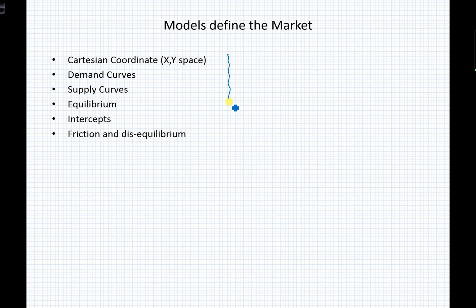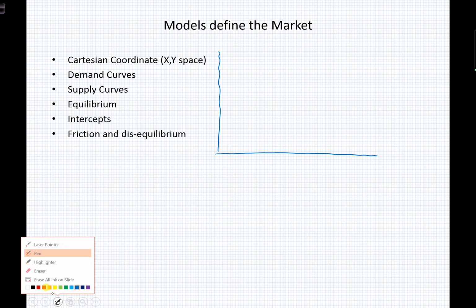Well, we know that by and large we see positive space in most economic graphics, where we have some y-axis and some x-axis, and that makes good sense to us, of course, but it's not the only thing that makes sense.